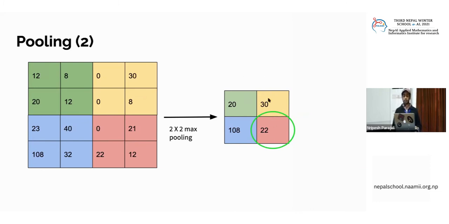But for most other cases, the values have been preserved. Can anybody tell me what this property is? Any ideas? Yeah, I saw a raised hand there. Translation invariance, correct. Since you mentioned translation, why is translation invariance important?